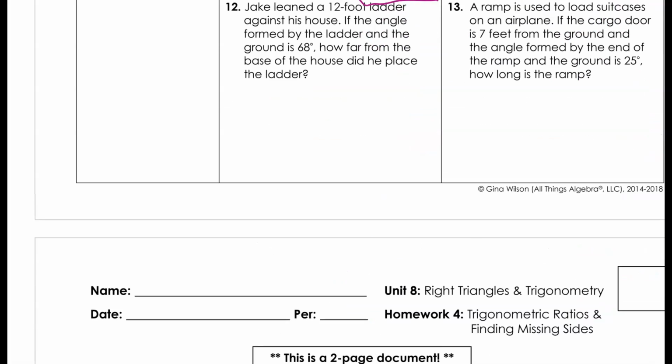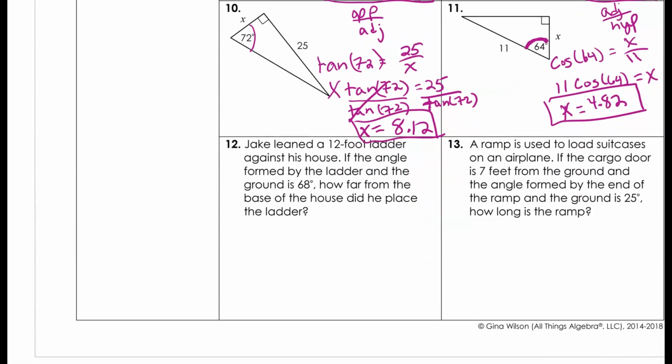Last two are word problems. So I always emphasize draw a picture for a word problem. So Jake leaned a 12-foot ladder against his house. If the angle formed by the ladder and the ground is 68 degrees. Okay. How far from the base of the house did he place the ladder? Well, here's his house, the wall of his house.